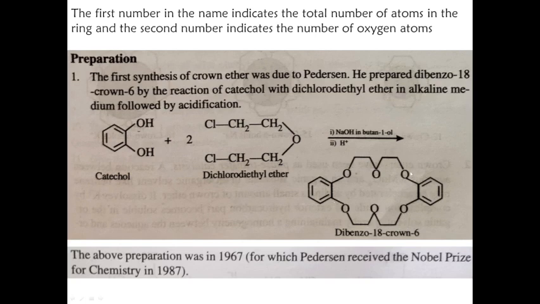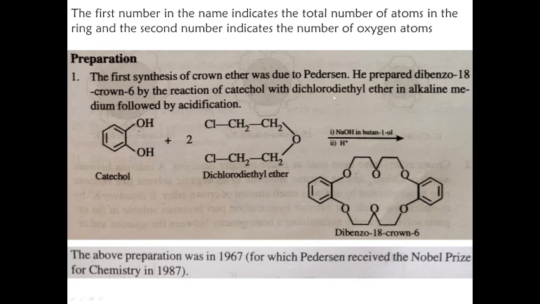18 carbon and oxygen atoms in the ring, 6 oxygen atoms, are made by the reaction of catechol. This compound is called catechol, as you might have heard. In phenol, one more OH group on the ortho position is called catechol.